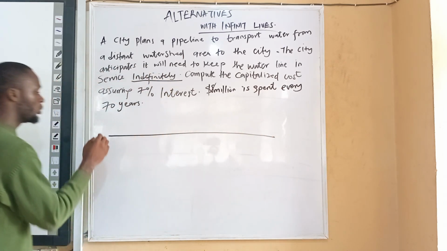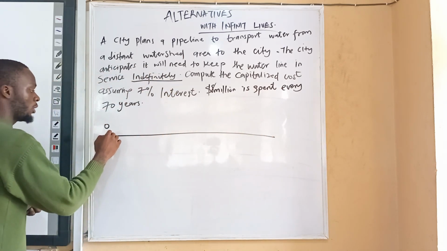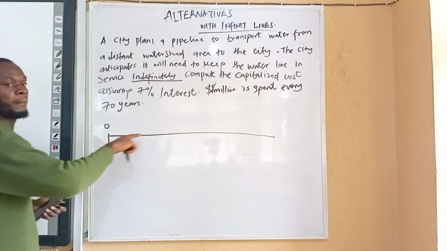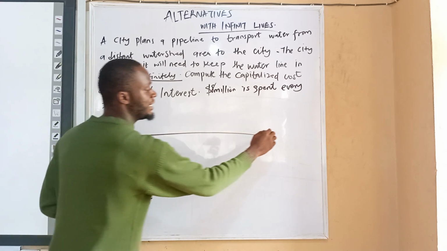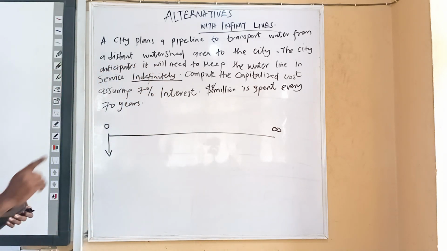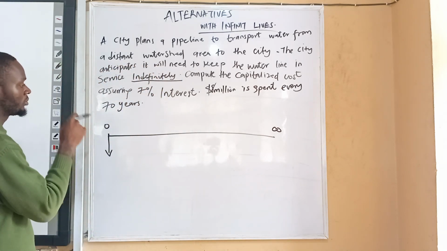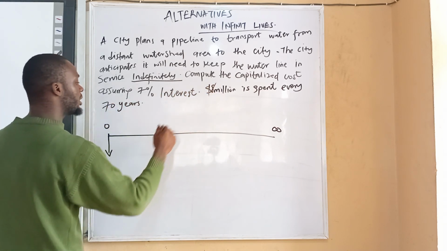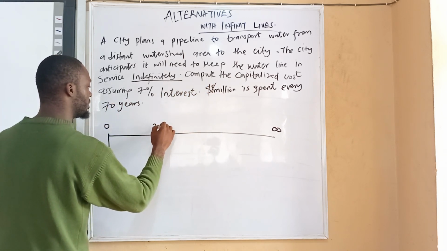Now, I want to know how much we are going to invest to keep this pipeline running indefinitely. 8 million naira is spent every 70 years.